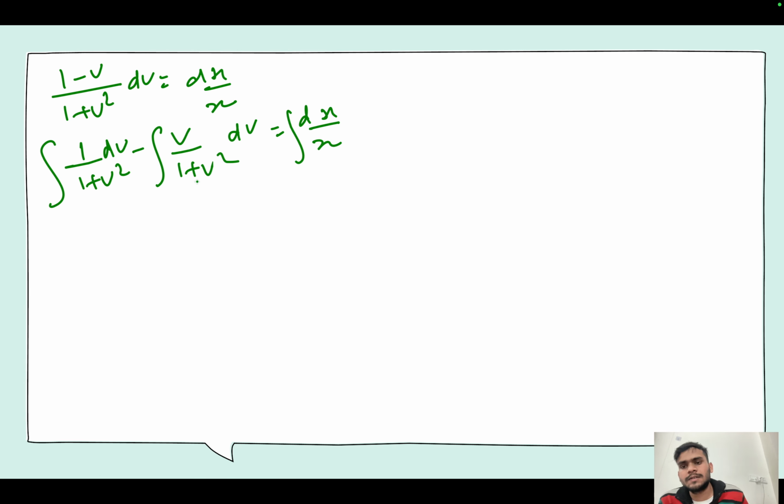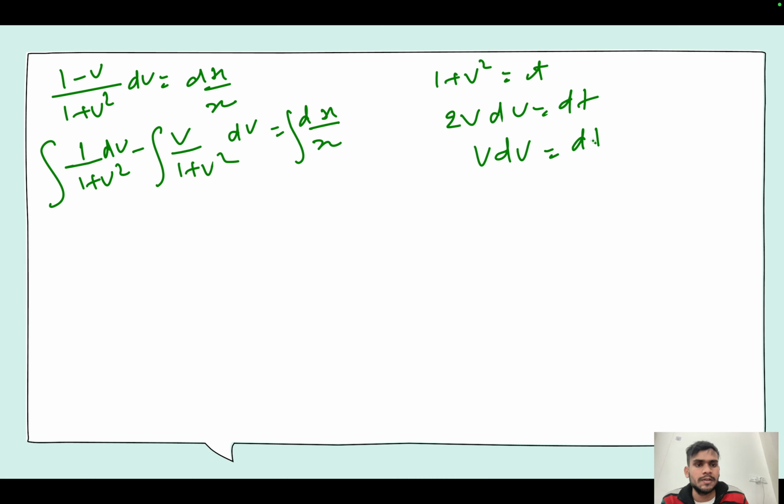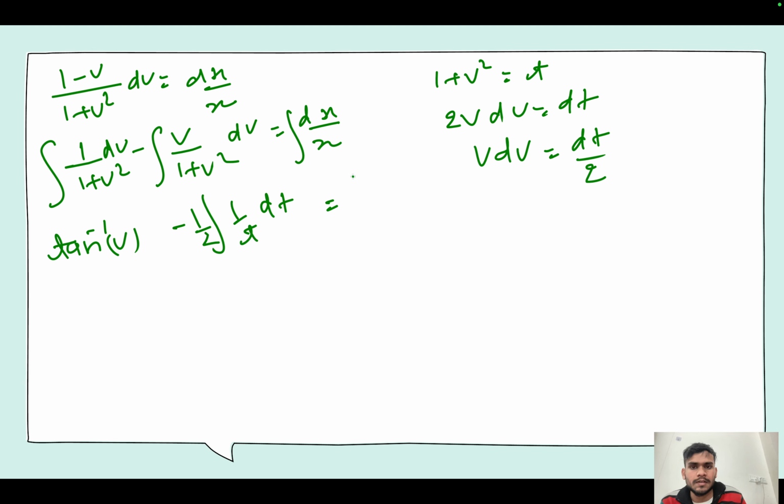For this we have to let 1 plus v square is equal to t, then it will become 2v dv by dt, that is v dv is dt by 2. The first term is the integration of tan inverse v. The second is 1 by t dt times 1 by 2, and the right side is ln x plus c.